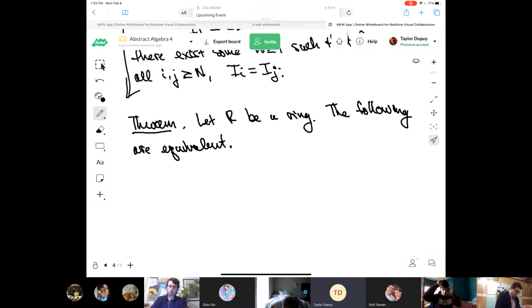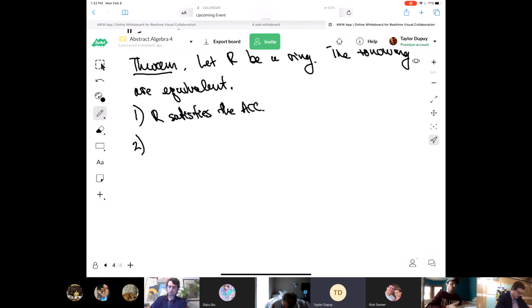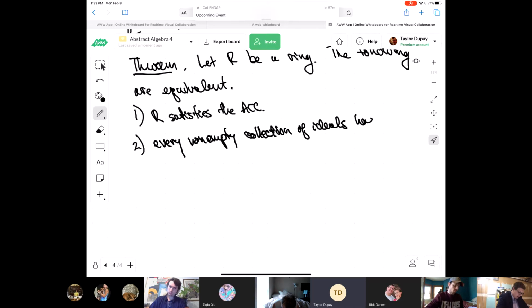Okay, so 1, R satisfies the ascending chain condition. So, okay, every non-empty collection of ideals has a maximal element.